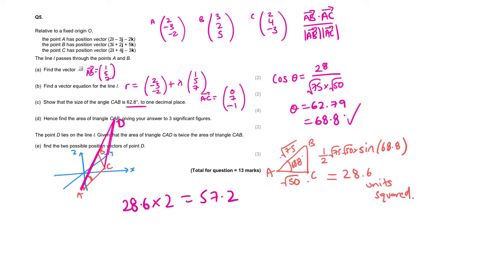So I know a half times something, I'll call that whole thing x, because that's my length of AD, a half times x times root 50 times sine of 68.8 equals 57.2.